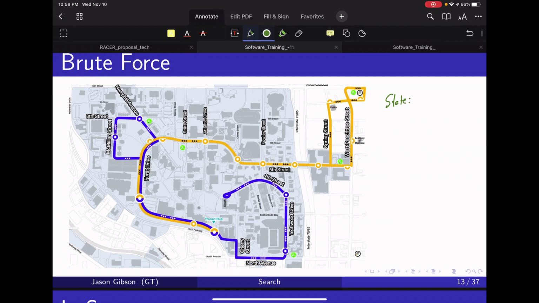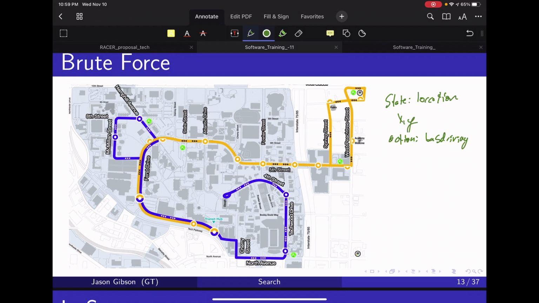So this would be a continuous position in x, y, let's say. And this is going to give us a large number of states. We could also say that our state and our action is the bus driving. Now, as you can see, this has a large number of states. We have a continuous both state space and action space, and this will essentially end up with an infinite graph.